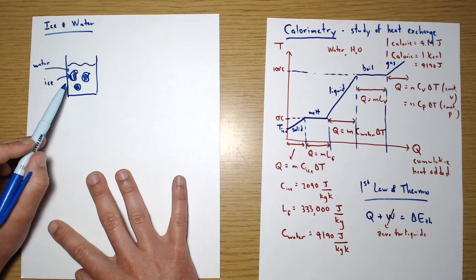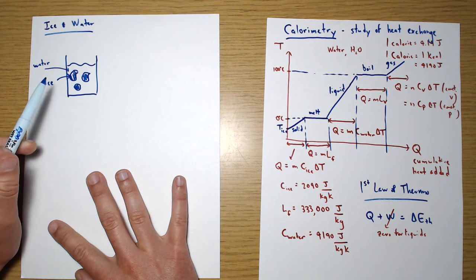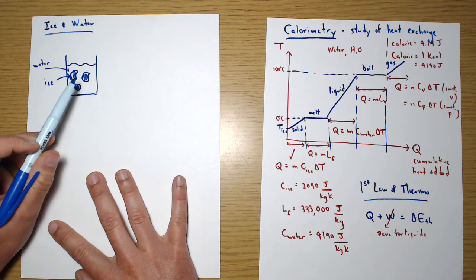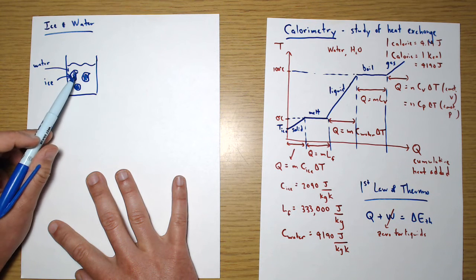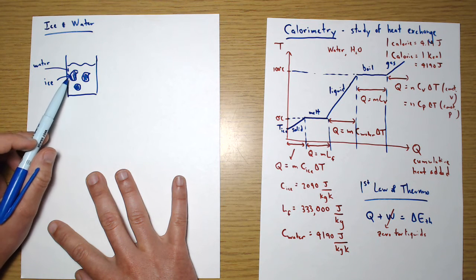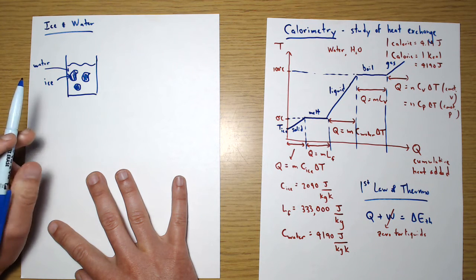Now, depending on how much ice and how much water you have and their temperatures, you may melt all of the ice and go directly to the liquid phase, or you might have so much ice that the temperature of the water goes down to 0 degrees and there's some ice remaining afterwards.